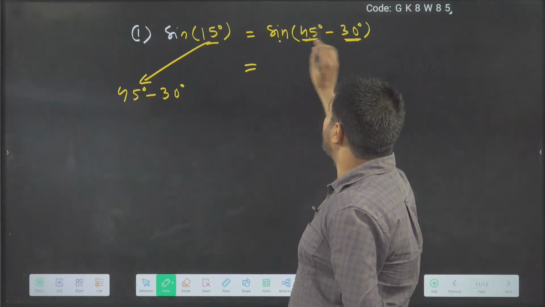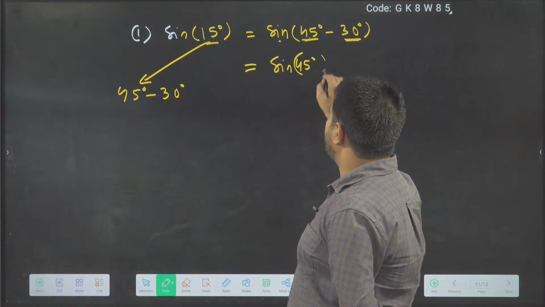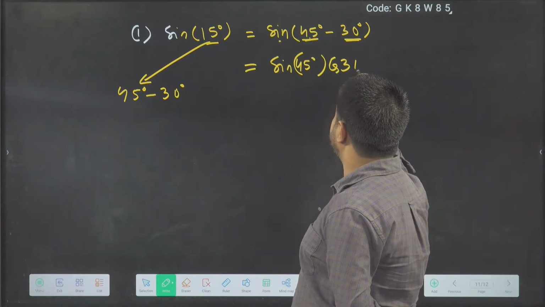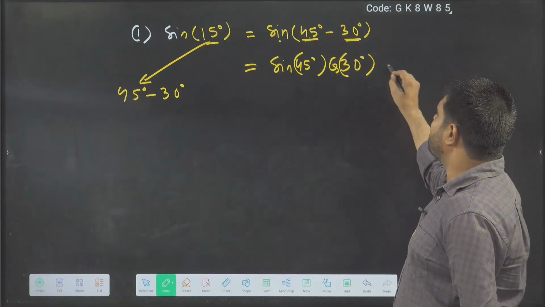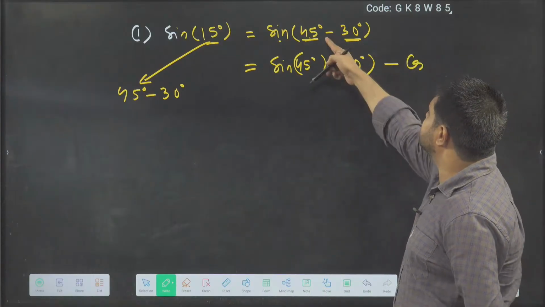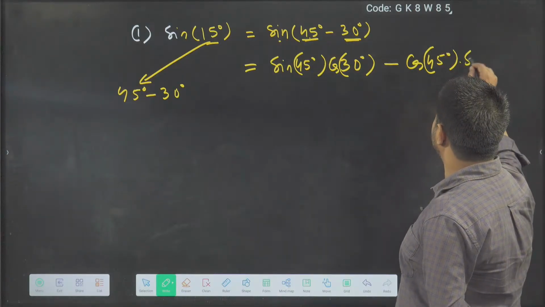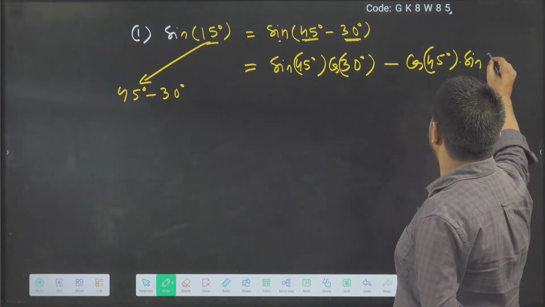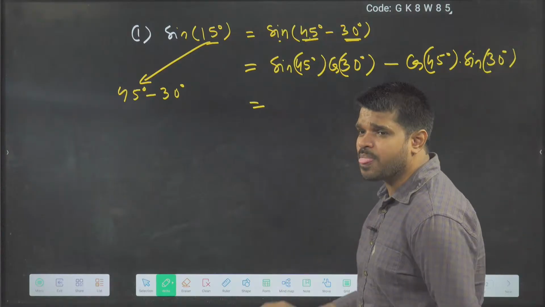Sine A cos B, so sine 45 degree into cos 30 degree, minus cos A, which is cos 45, into sine B, which is sine 30 degree.